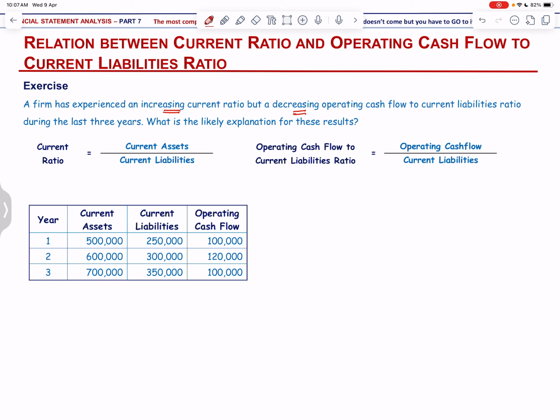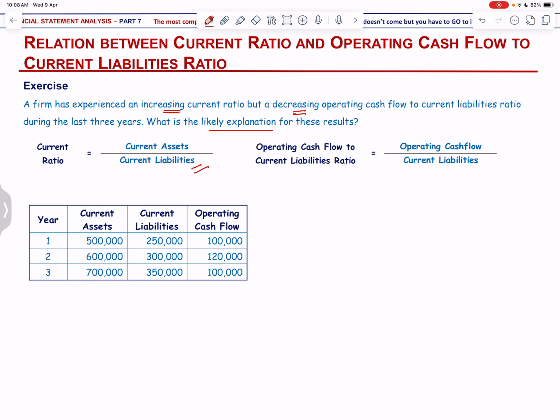Now, we know that current ratio is current assets divided by current liabilities, and operating cash flow to current liabilities ratio is operating cash flow divided by current liabilities. And the likely explanation for the firm's increasing current ratio but decreasing operating cash flow to current liabilities ratio is that the company may be relying more on short term debt or other current liabilities to finance its operations.